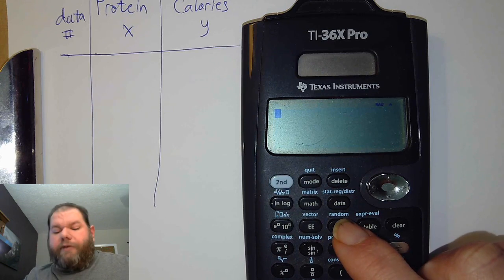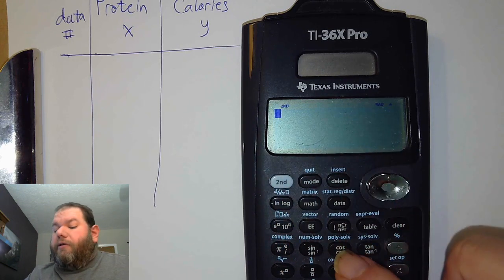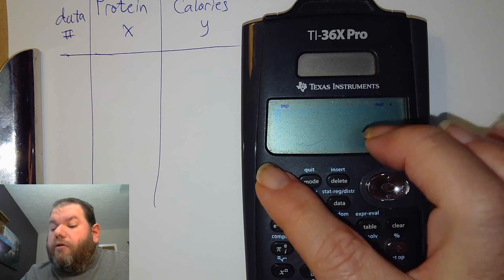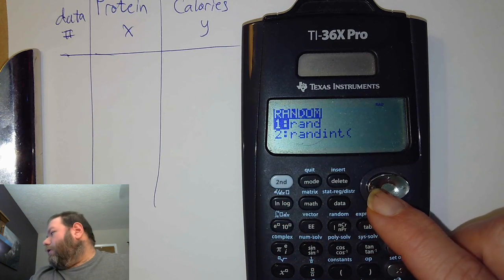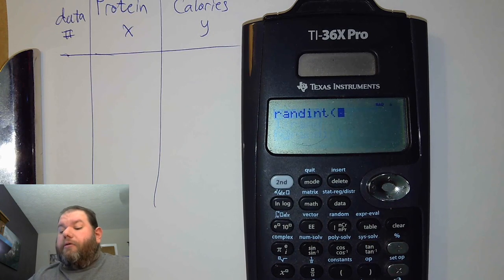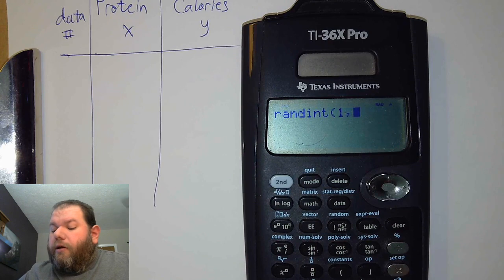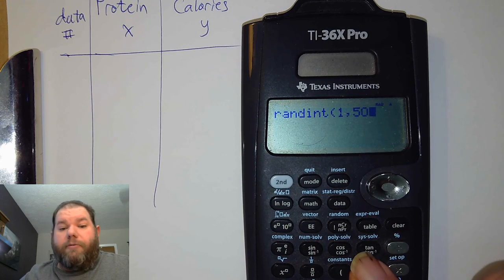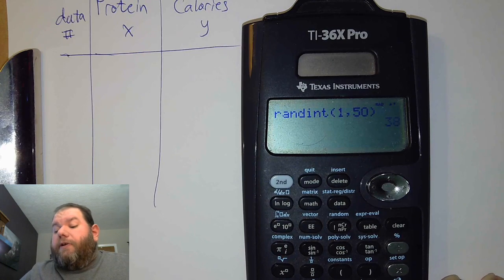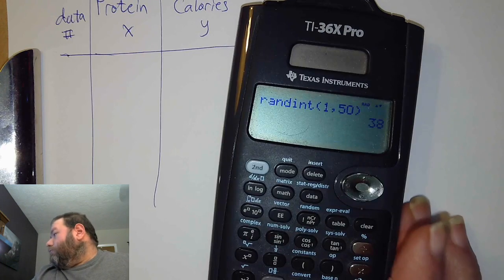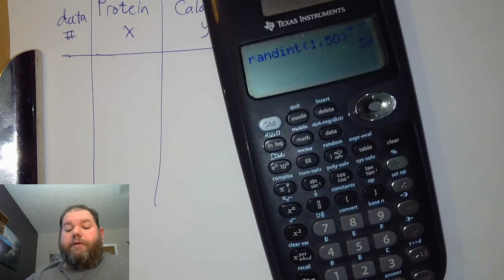Second, random. Now I want a random integer between 1 and 50, so put 1 comma 50 inside the parentheses. I press enter, and it gives me 38.